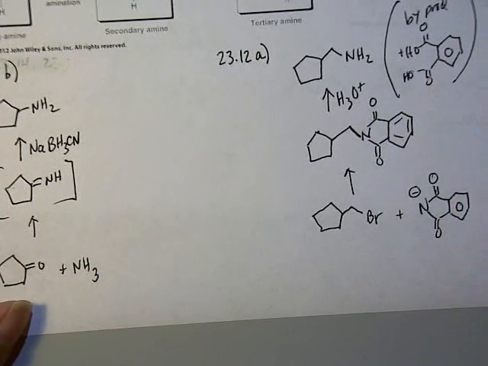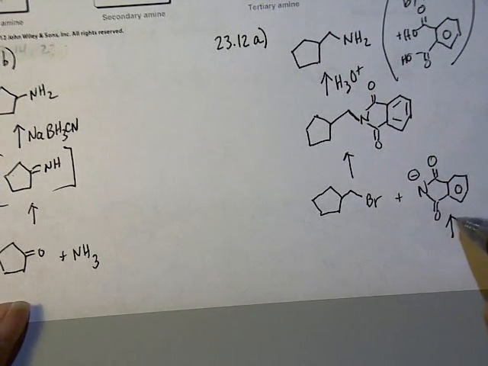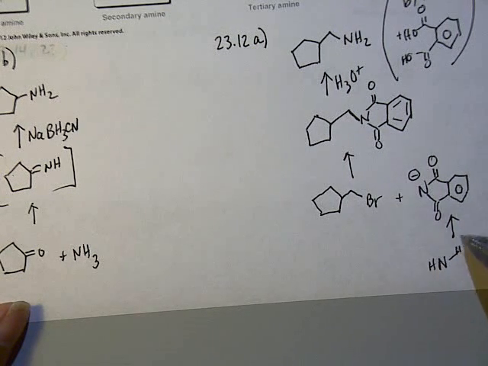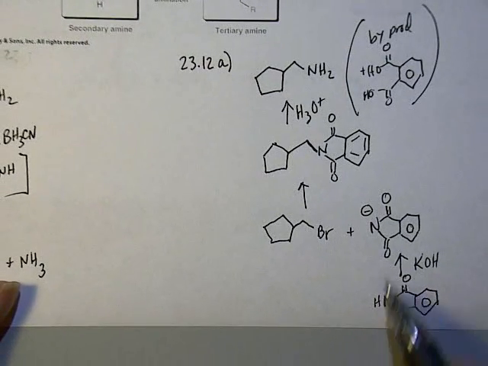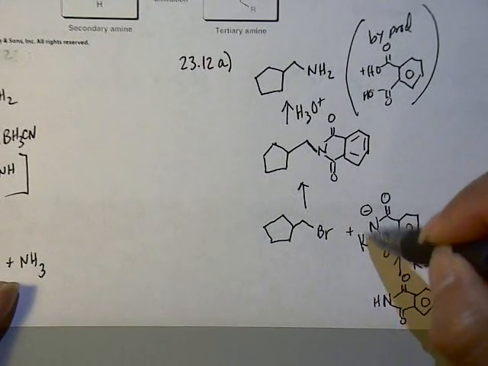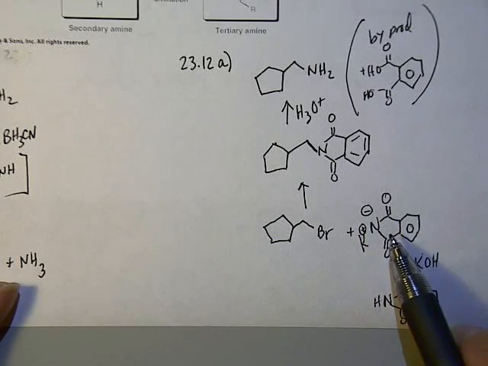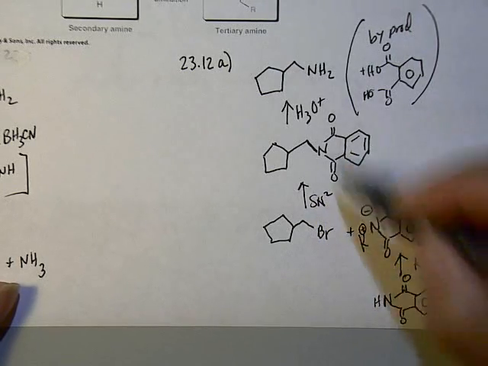So that we're not interested in, but this is the product that you would get. So where did this come from? This came from the starting material, phthalimide, which is just the protonated form of the nitrogen, and we needed a strong base in order to deprotonate that proton to make the nucleophilic phthalimide ion, which does the SN2 reaction to do this.